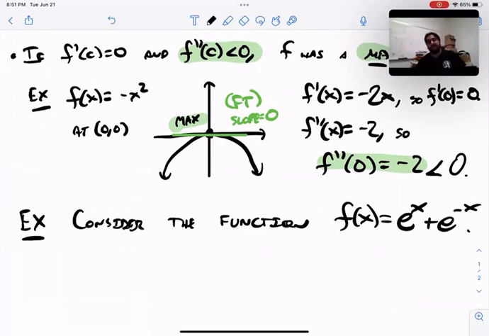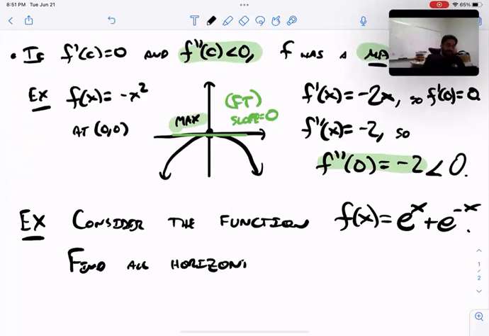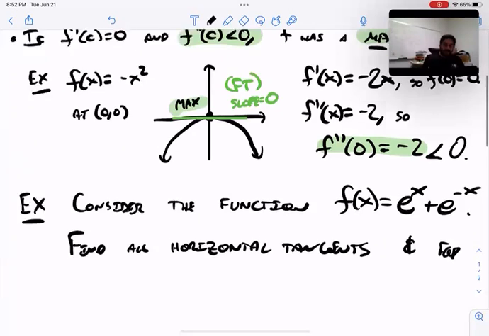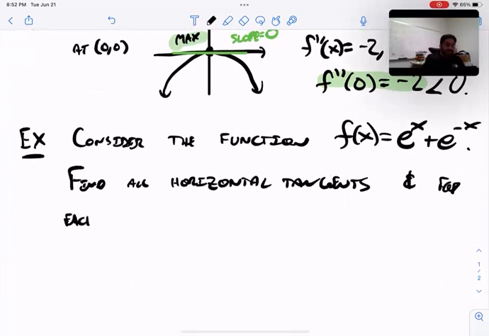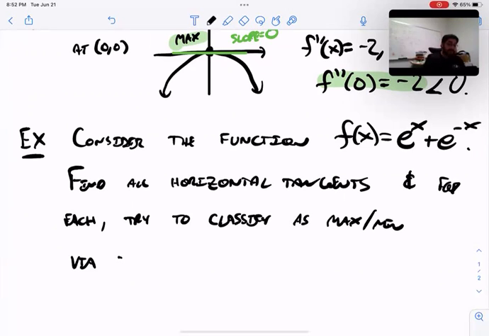I'm going to look at this function, and in particular, I want to find all horizontal tangents, and for each, attempt to classify, try to classify as max or min via a second derivative.